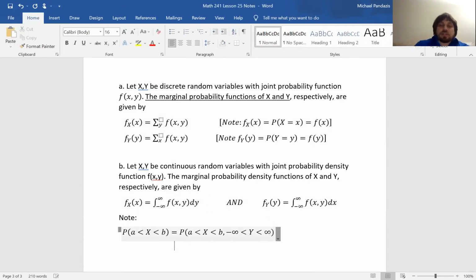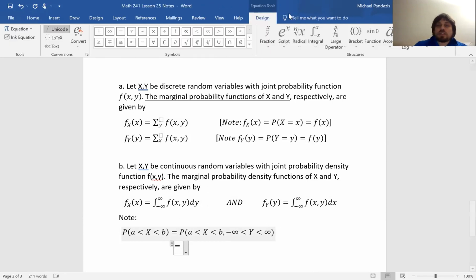And this is equal to the integral from negative infinity to infinity of the integral from a to b of f of x comma y dx dy.